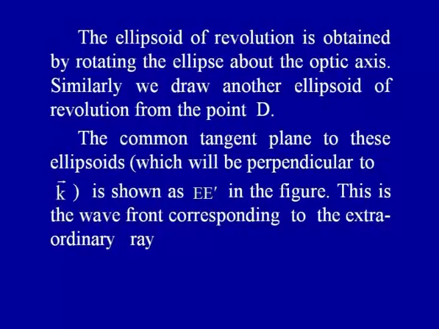Similarly, we draw another ellipsoid of revolution from the point D, identical in shape, identical in size. Remember, the points B and D become active at the same time. The common tangent plane to these ellipsoids, which will be perpendicular to k, is shown as EE prime in the figure. This is the wavefront corresponding to the extraordinary ray.